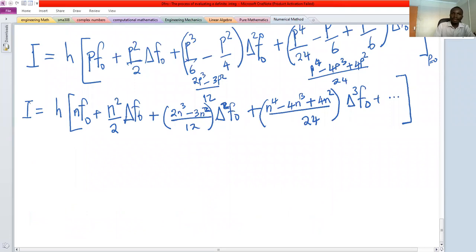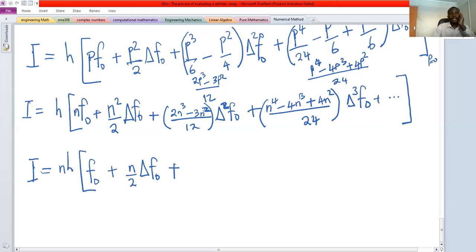Now you see every term here has an n, so I can factor out n. So I have I equals nh into f naught plus n over 2 forward f naught plus, now because I've factored out one n here, this will be n power 2, and here we have n.